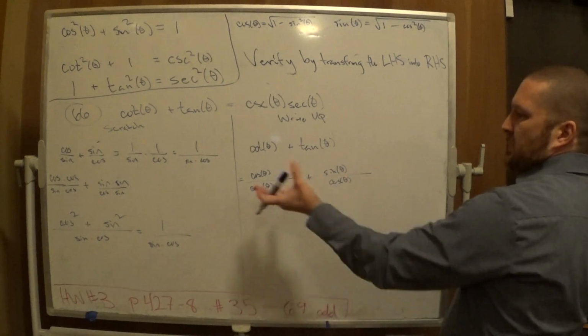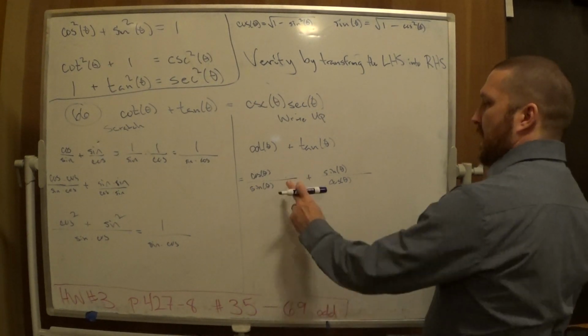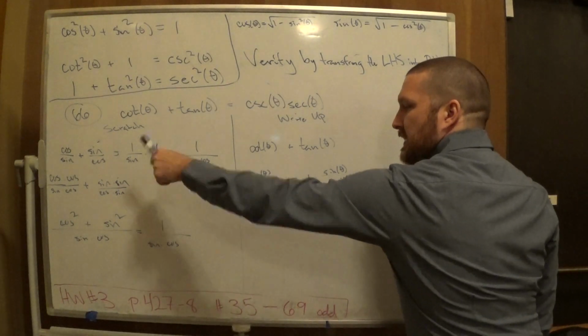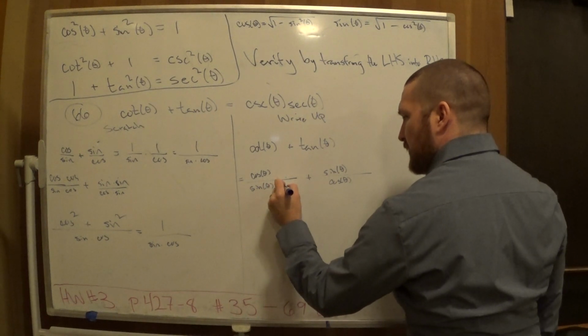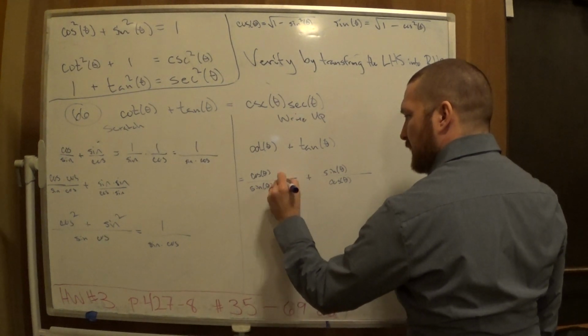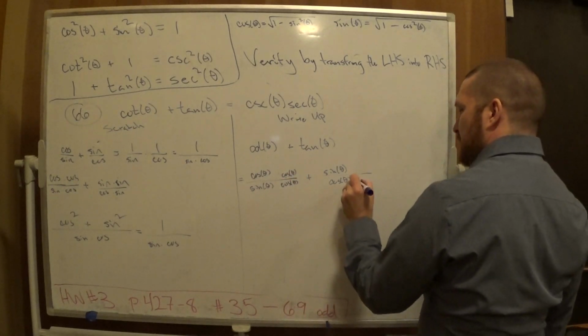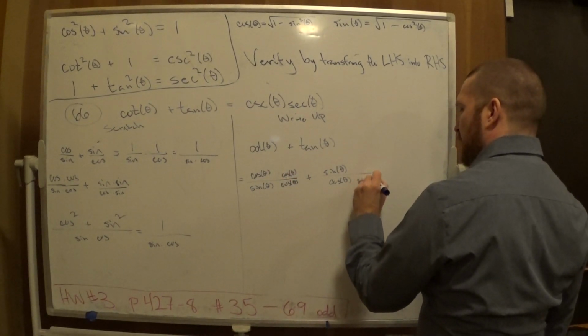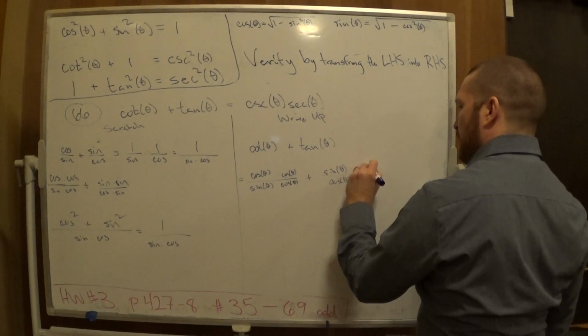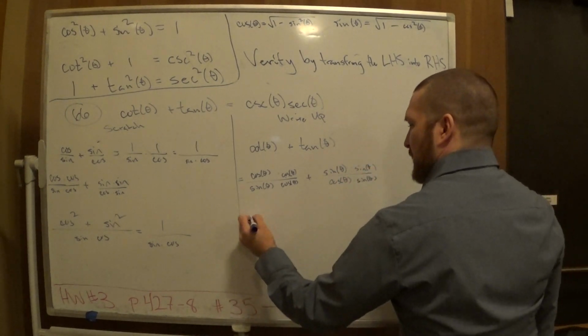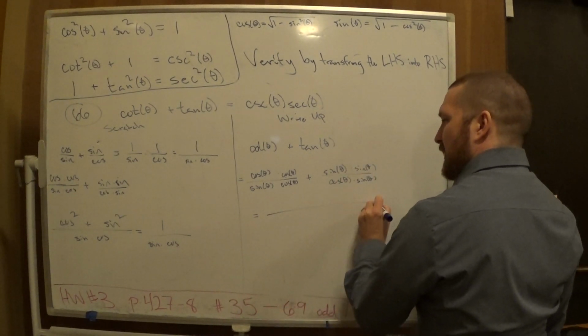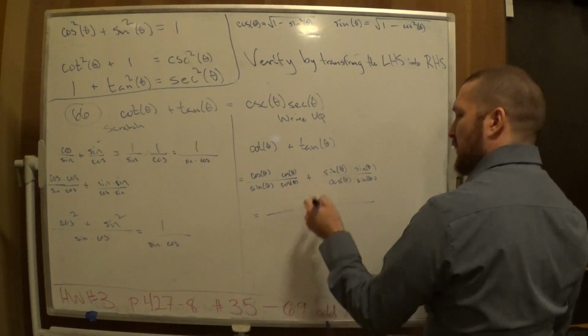And I could do this in the same line, I guess, that's fine. Now I'm going to get the common denominator by going times cosine theta times cosine theta. Down here I need a sine, so I'm going to go times sine theta. Up here I'm going to go sine theta. That gives me my common denominator of sine cosine.